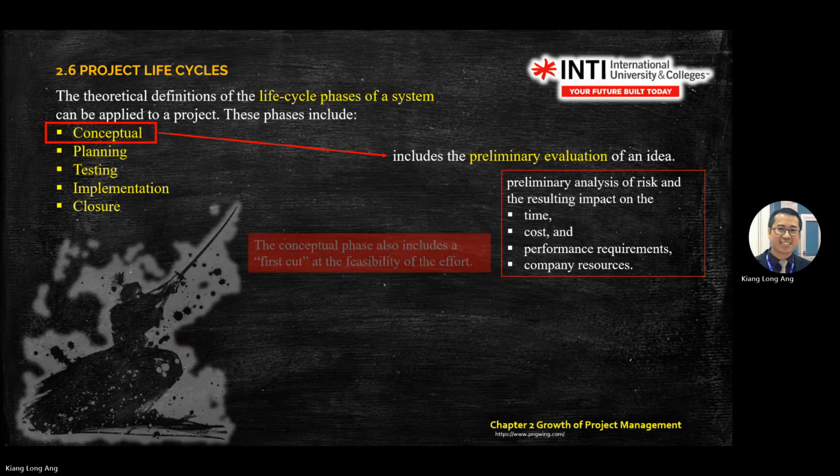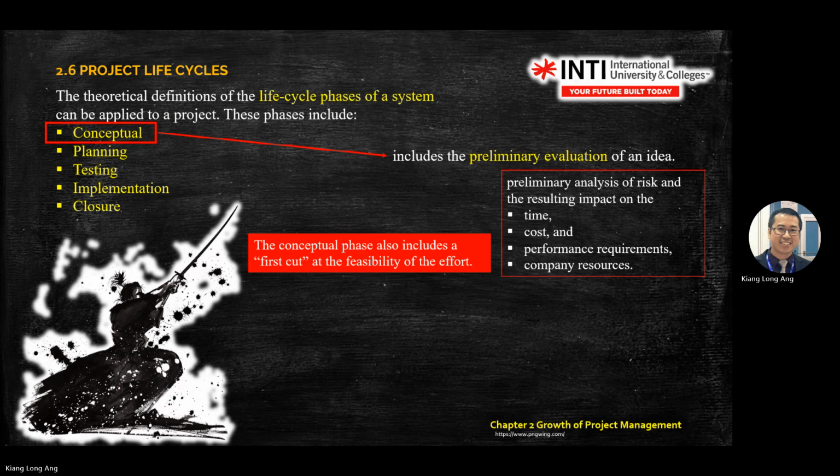So this includes the first cut of the feasible effort. What do I mean by first cut? When you do preliminary evaluation, you know what resources you have, because sometimes there is a machine you cannot do without, and your company cannot take up the project.